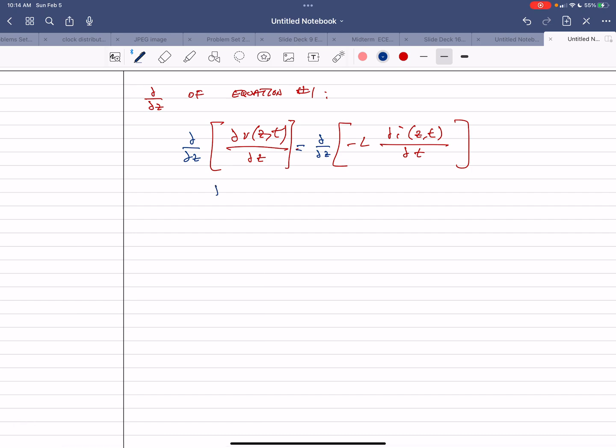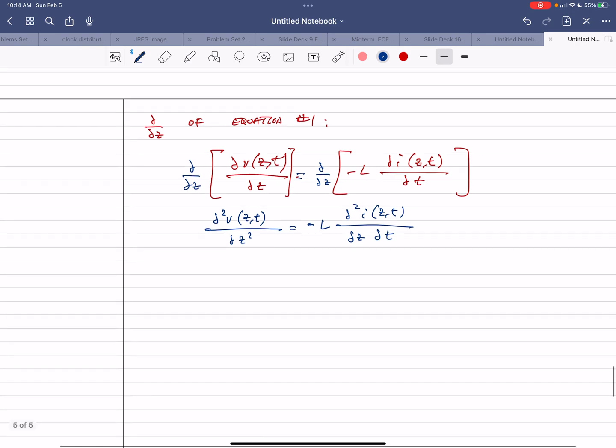That's going to look like minus L times the second derivative of I(z,t), with respect to both distance, or space, and time.